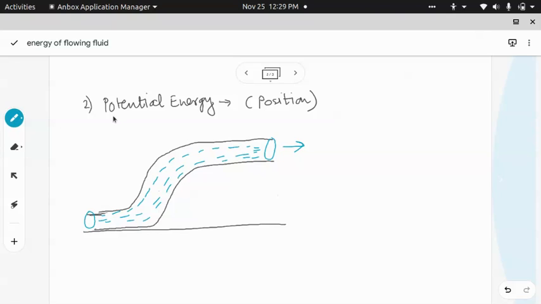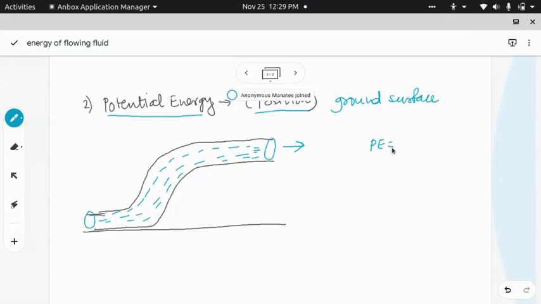As I said, the potential energy of a flowing fluid is due to its position. Position from what? Ground surface. Okay, this is the ground. So we know the generalized expression for potential energy.